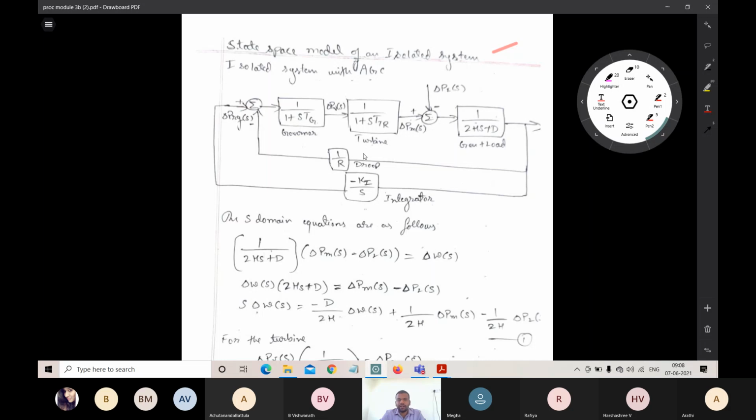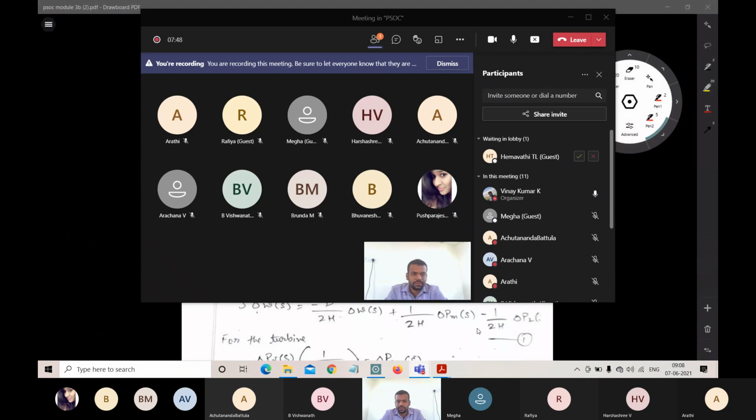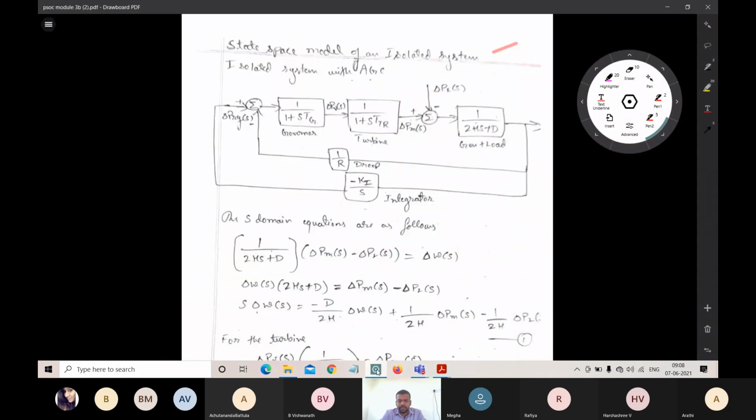By combining them, we call this an isolated system with automatic generation control. That is the system we are going to analyze now.